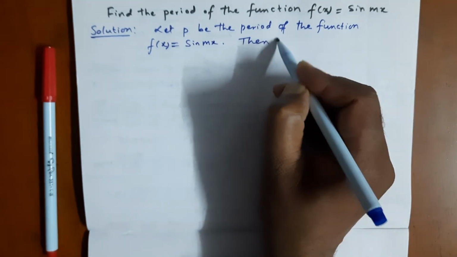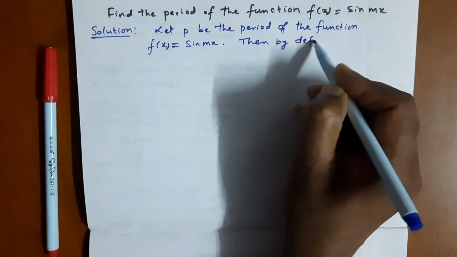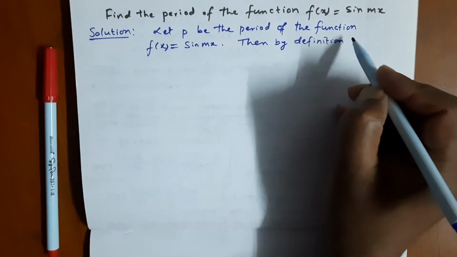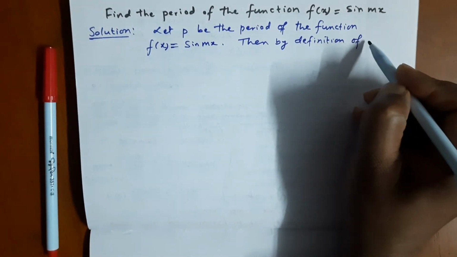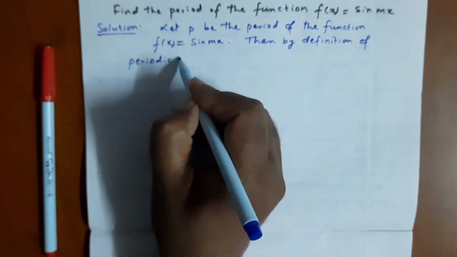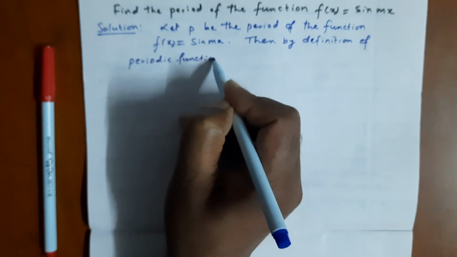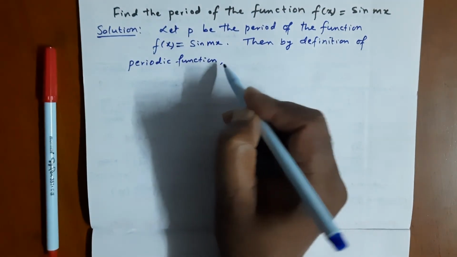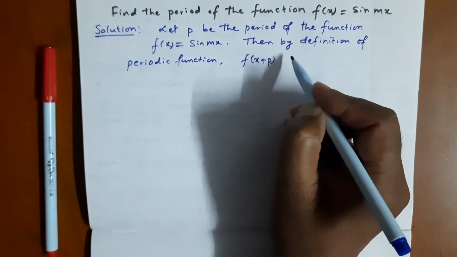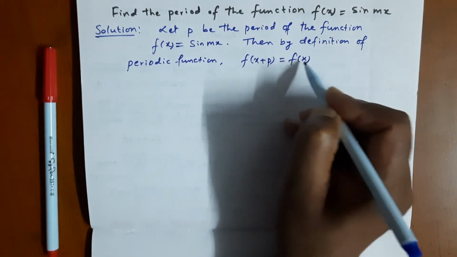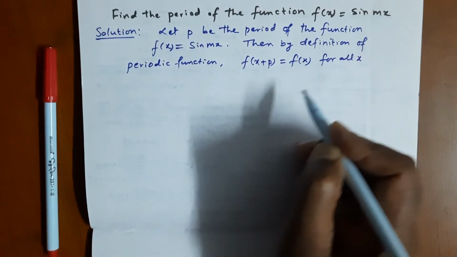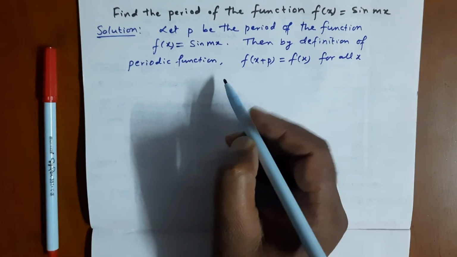Then by definition of a periodic function, we can write f(x+p) equals f(x) for all x belonging to the domain of the function.